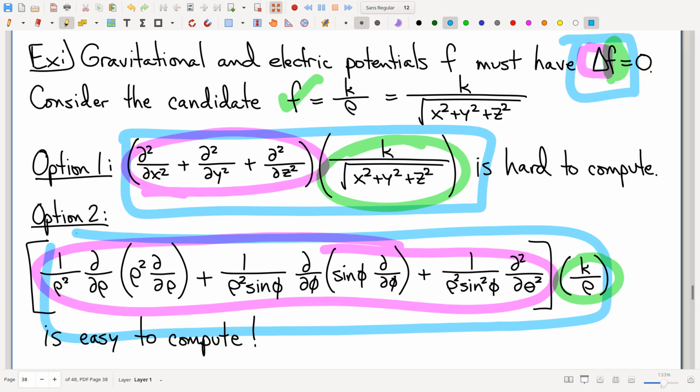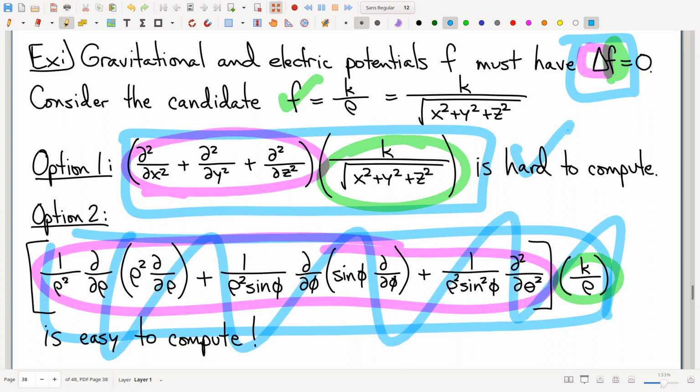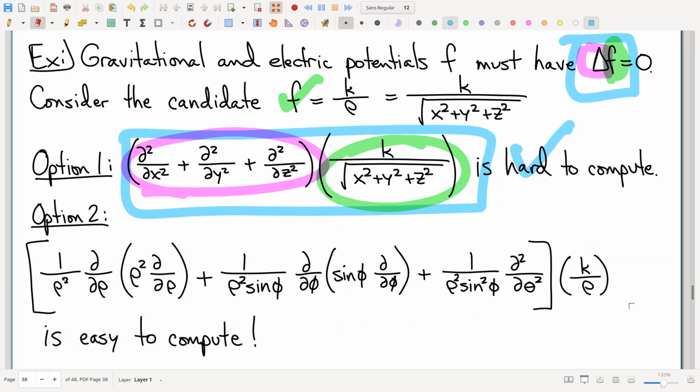Now, a lot of people will look at this and say, you know what, thanks but no thanks. I'm going to go ahead and do the rectangular one. And I think everyone should do that calculation once in their lives, at least once. You're going to do it in this course as a homework exercise. And I'm going to go out on a limb and anticipate that you're going to decide that you don't like this option. It turns out to be algebraically hairy.